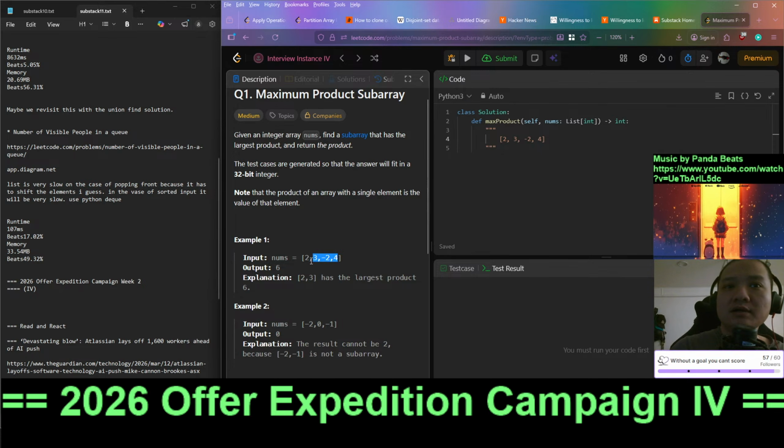So this looks like a prefix tree problem, right? So you would have, you split them into 0 to 4, right? And that would be 0 to 2. Right, 3 to 4, right?